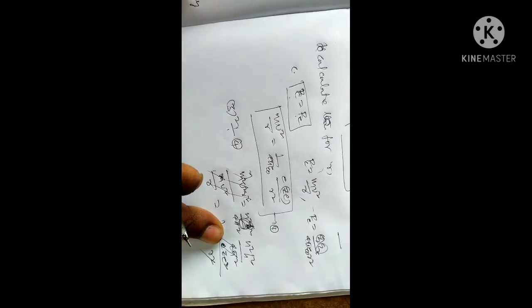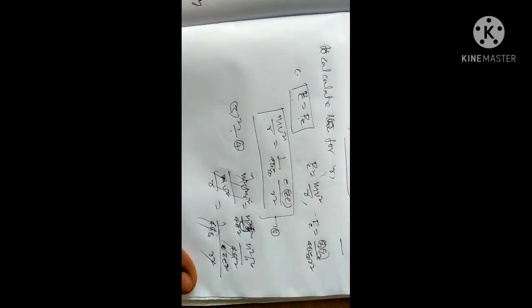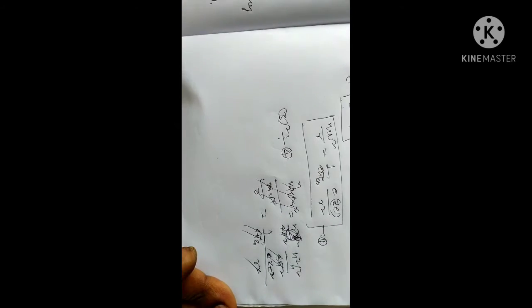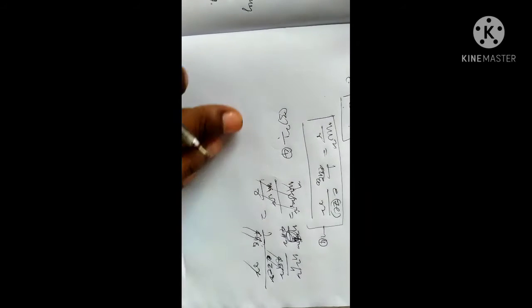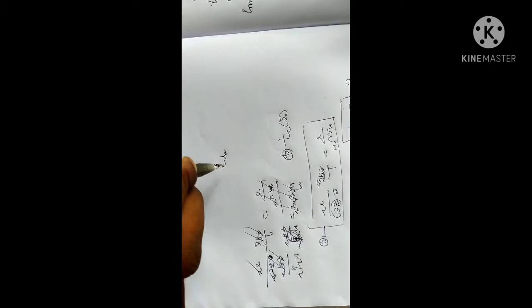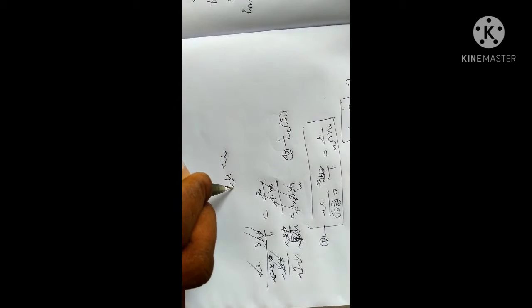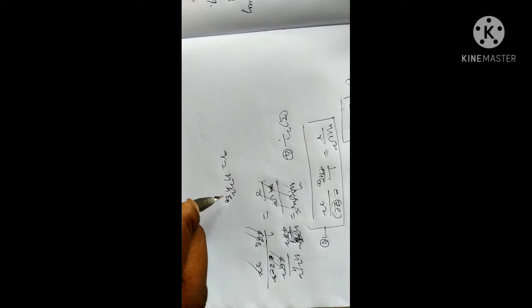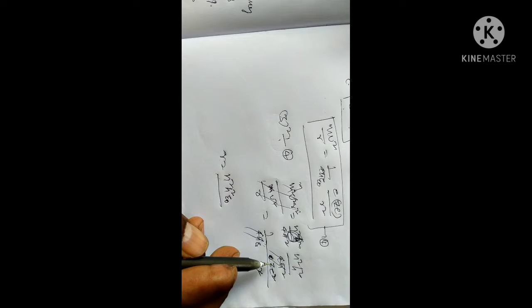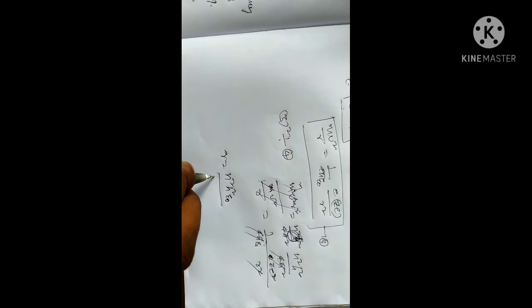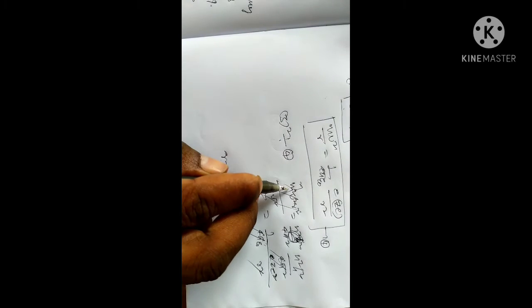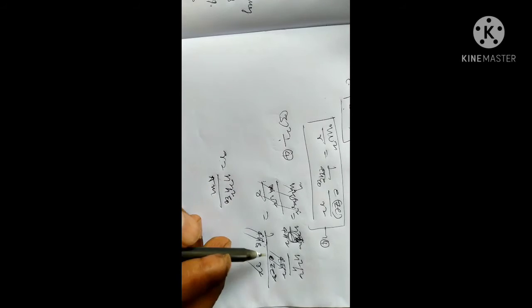Okay, now simplify the equation. We get R is equal to n square h square epsilon naught by pi m z e square.